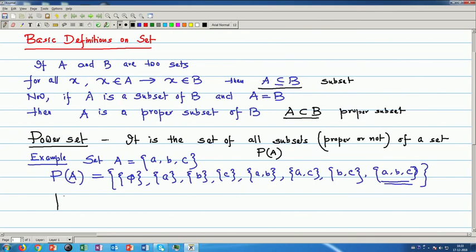Here we see that if it is only 3 elements, then this is 8.